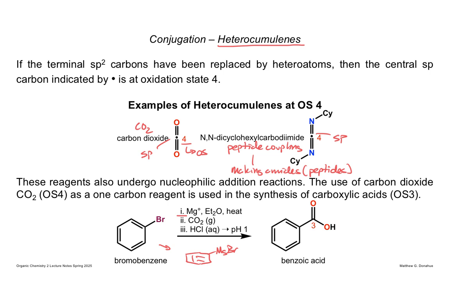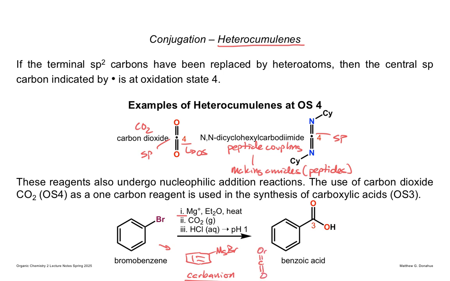And this is essentially making a carbanion. So you might want to review the reactive intermediate types of carbon as we move forward. If this is a carbanion, it's supplying a negatively charged carbon. We're going to react that with carbon dioxide.